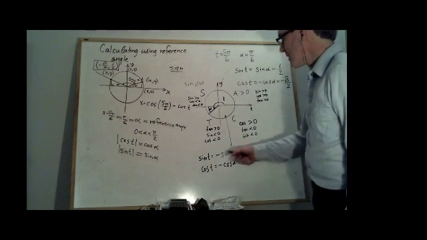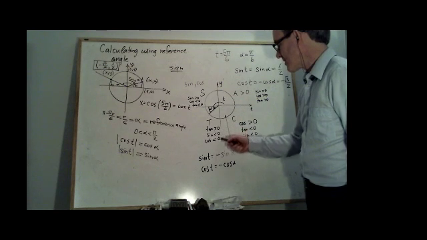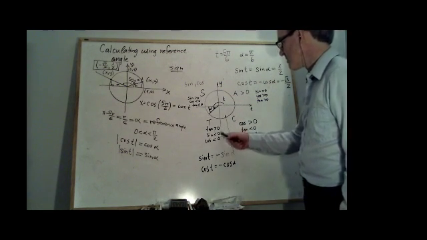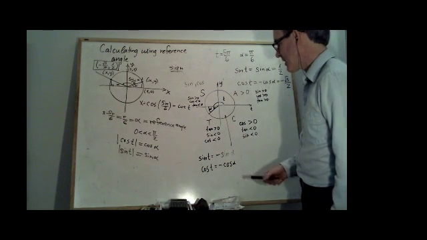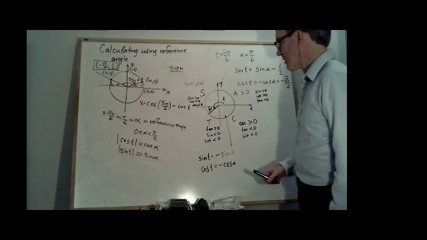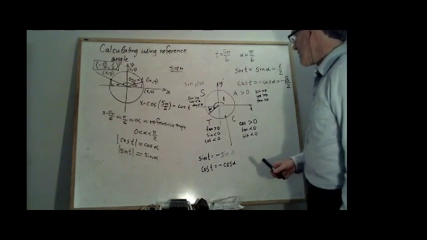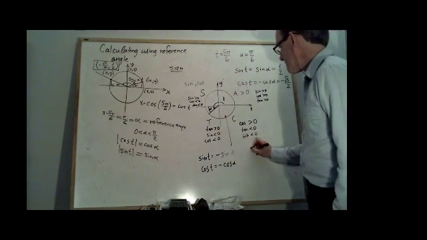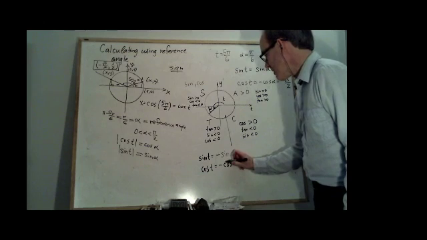Okay, so if you're in this quadrant, and that corresponds to these two, if the tan is the only one that's positive, then you must have the other two are negative. So that's what I'm depending on there. If you're in here, then you would change the sign of this one.